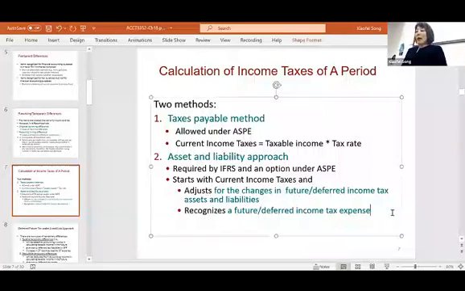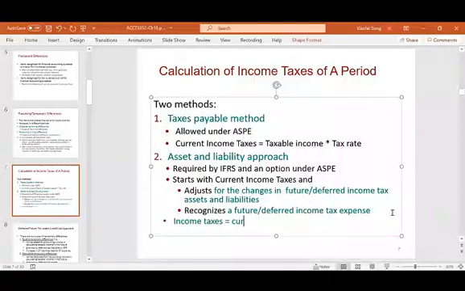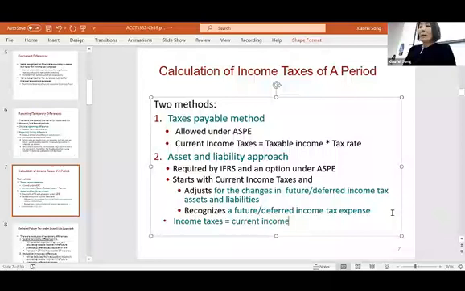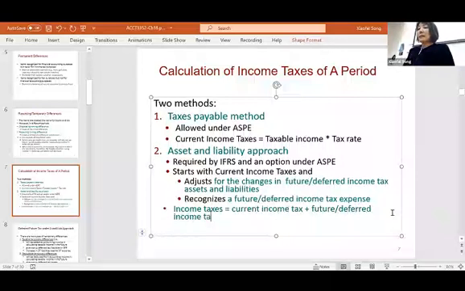So therefore, under this approach, income tax has two parts. That's why it's called income taxes. You have current income tax, which is your tax payable, but you also have a deferred, or I will just follow the term, future or deferred income tax. Two parts.